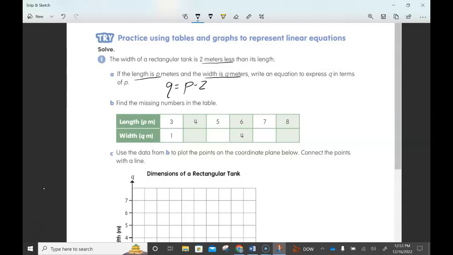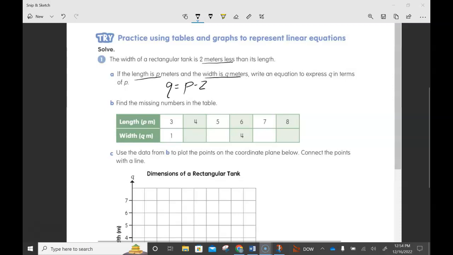The width is q meters. That's why we have q equals p minus 2. The independent variable is going to be p. The dependent variable is going to be q, because q will change based upon what you insert for p.